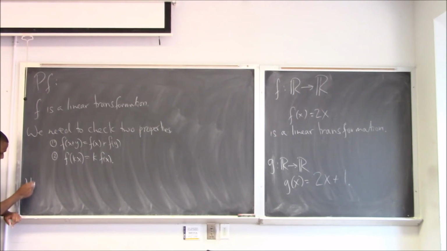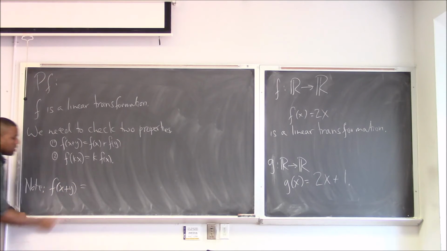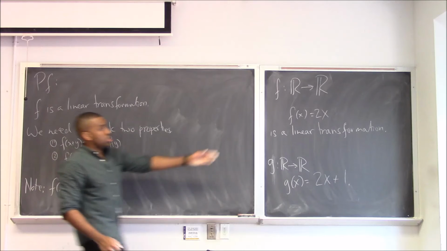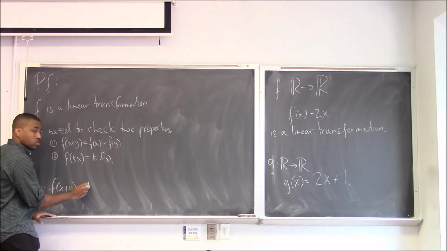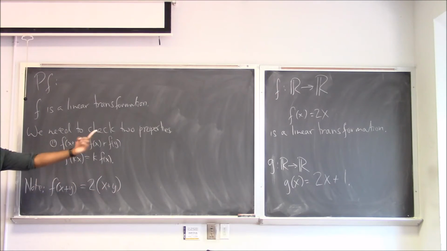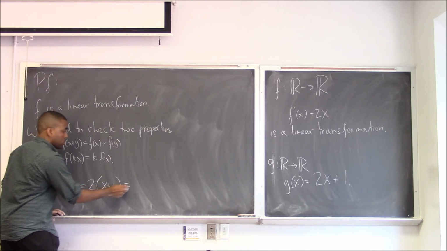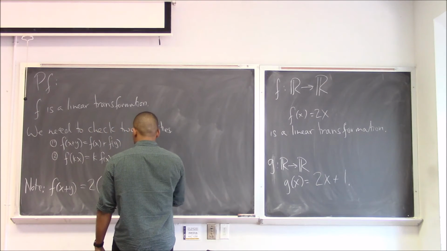Note, f of x plus y is, if my function is 2x, what is f of x plus y? 2 times x plus y, right? Just replace this guy with x. But that is equal to, with the distributive law, 2x plus 2y.